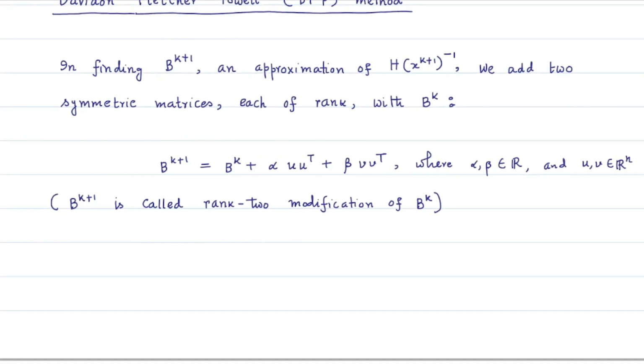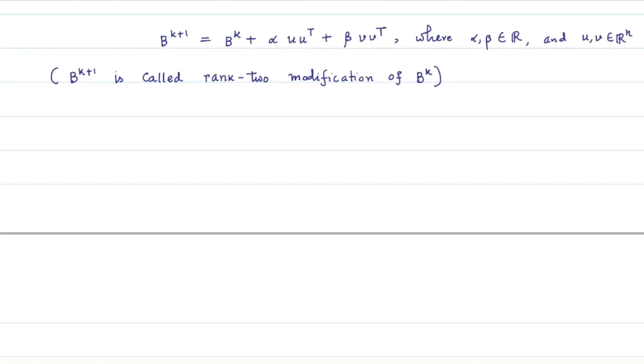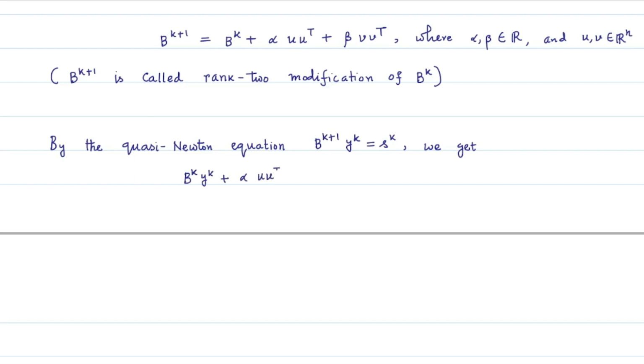Now to determine these possible values of alpha, beta, u and v, we look at the quasi-Newton equation that has to be satisfied by the matrix bk plus 1. From the quasi-Newton equation that is to be satisfied by bk plus 1, we get that bk times yk plus alpha times u u transpose times yk plus beta times v v transpose times yk is equal to sk.